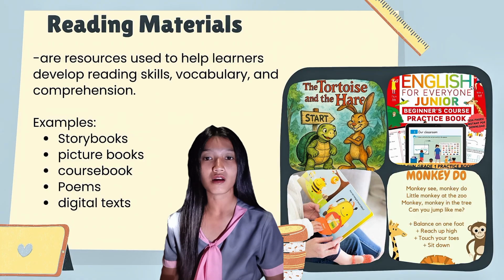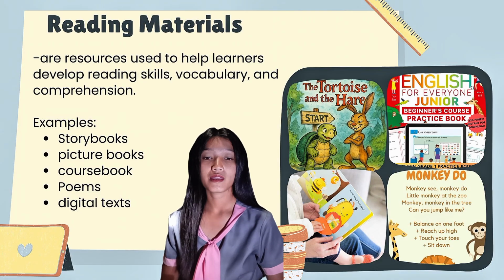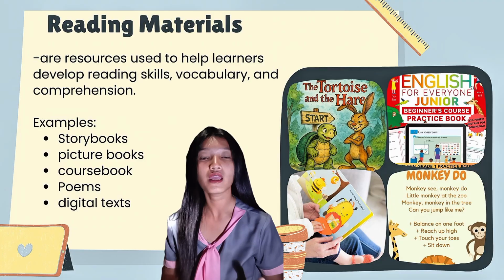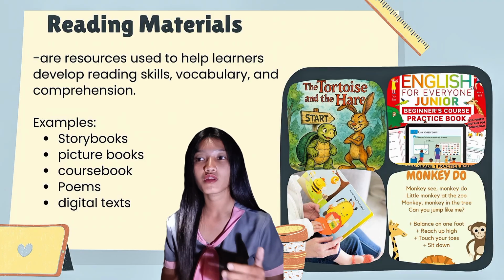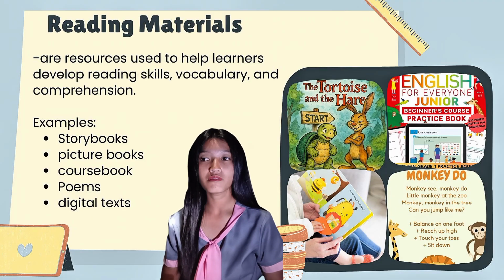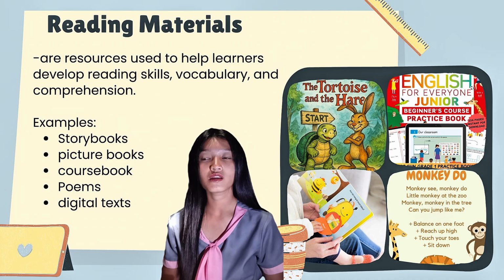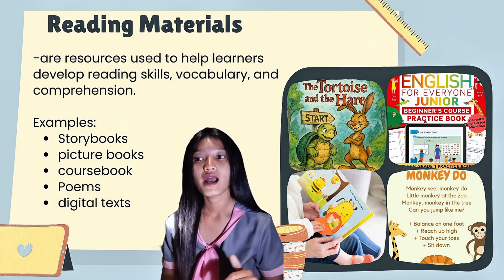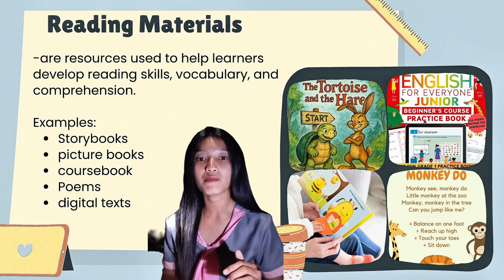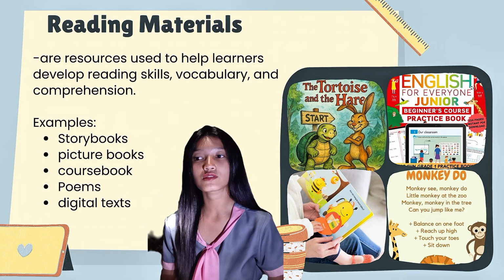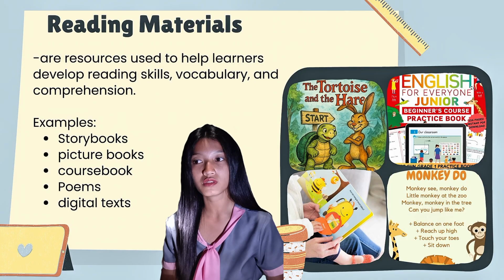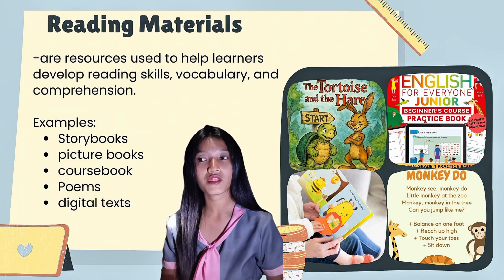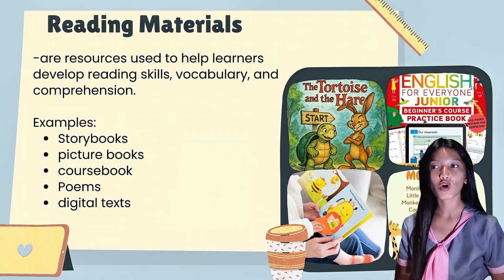Examples of these are storybooks, which build imagination and vocabulary, picture books that provide visual context for understanding, then graded readers, or course books, which are stories adjusted to the learner's level, and then poems, which improve rhythm and pronunciation, and the digital text or interactive stories or ebooks. The purpose of this is to strengthen reading fluency and introduce learners to language through stories and context.